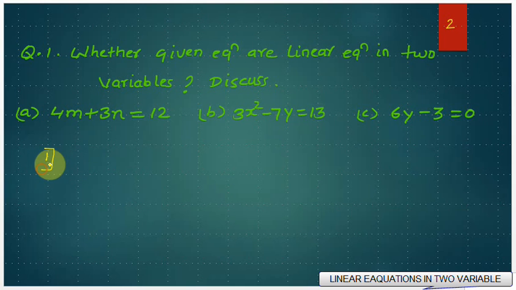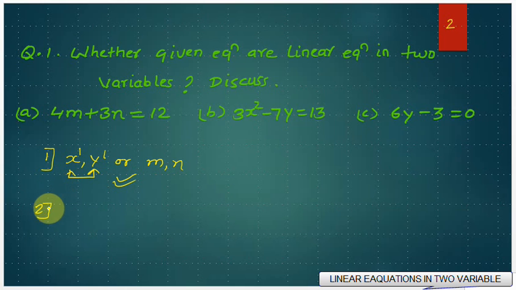The first condition is that there must be two variables, x and y or any other variables like m and n, with power 1. Then such an equation is said to be a linear equation in two variables. And the second point is that the two coefficients are not 0 at the same time.